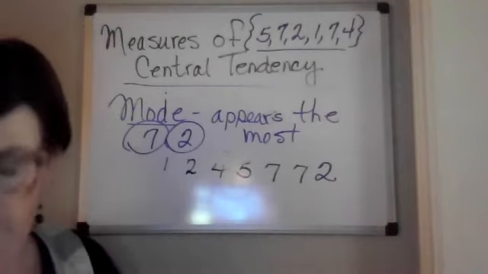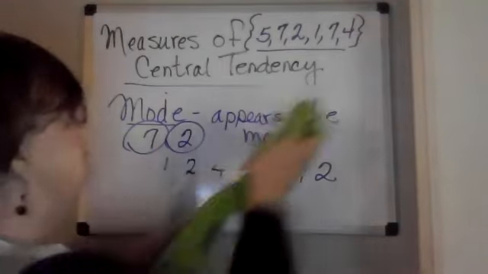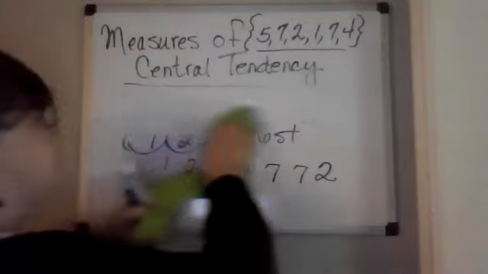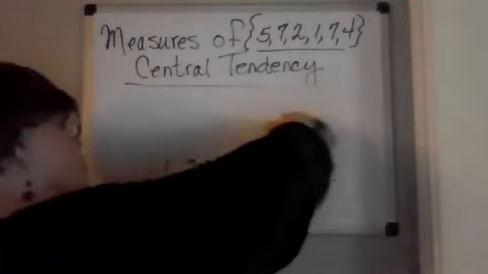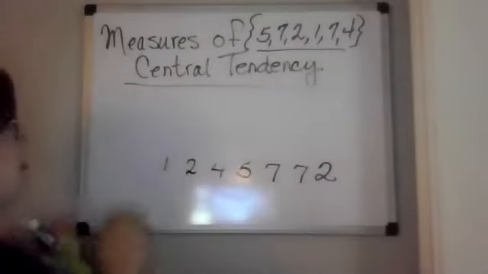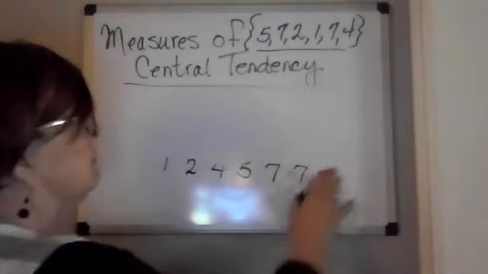And the range is also easiest if you have the numbers in order. So the suggestion is that when you're finding measures of central tendency, you might as well just put the numbers in order.